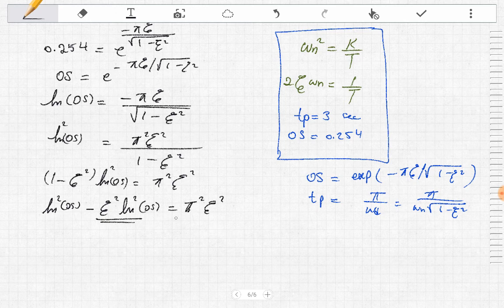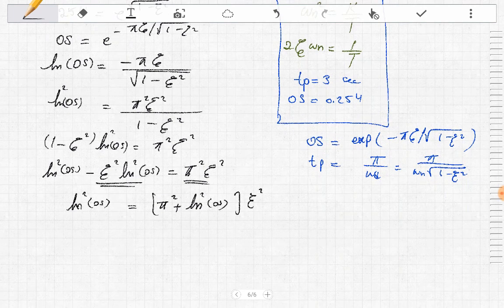Now I get eta square together, right? So I take this to the other part. So you have pi square plus ln square overshoot, all times eta square, equal ln square overshoot.